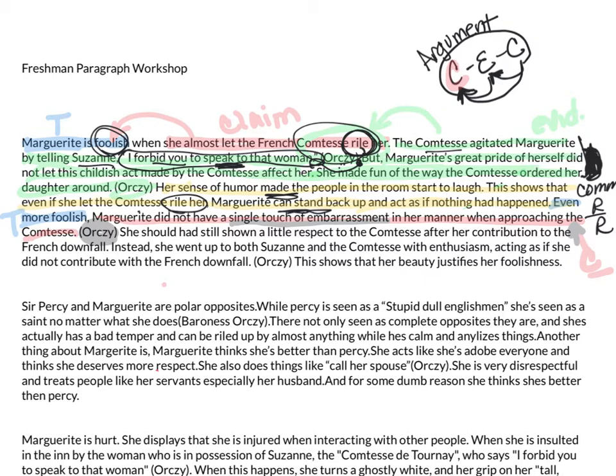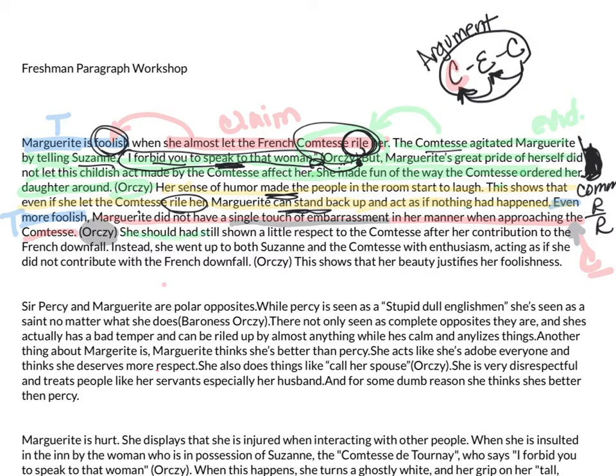So you really can't cite that as fact when it's not factual. So, a little bit of a problem there, but let's assume that that's going to act like an opinion, that that's going to be a claim, that she doesn't have a touch of embarrassment. Let's see what we now have.